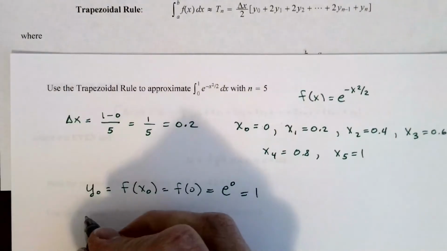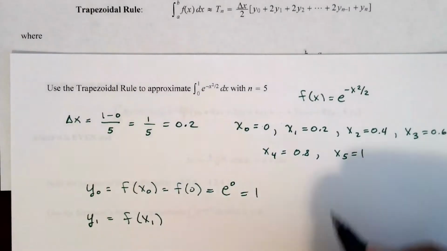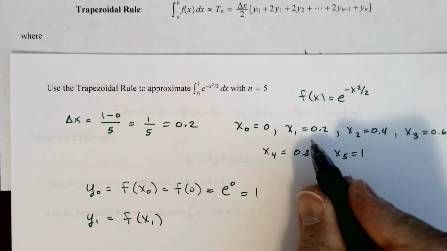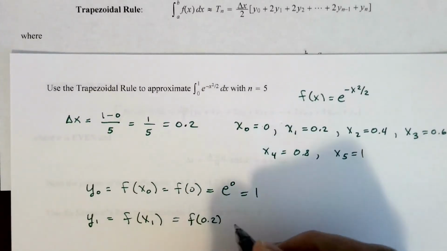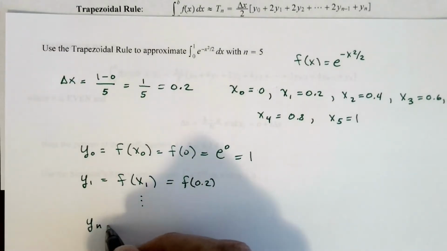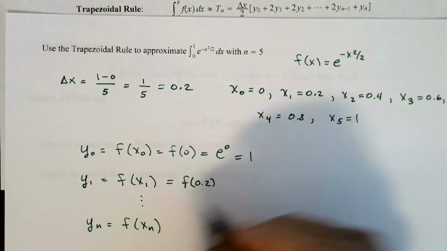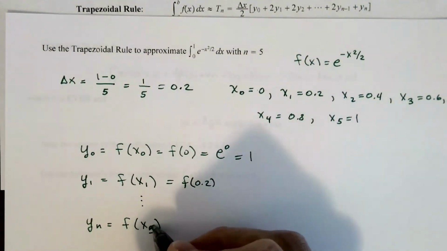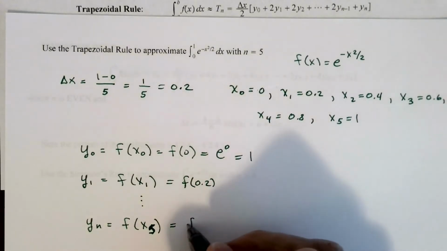And then y sub 1 would be f of x sub 1, f of 0.2. And so on, all the way down to y sub n is f of x sub n, which in this case, well, x sub n is x sub 5, which is f of 1.